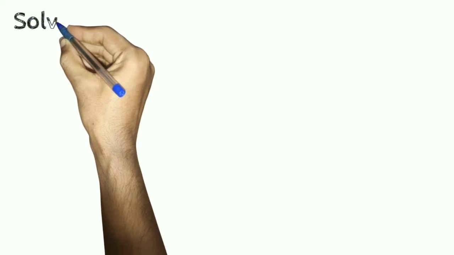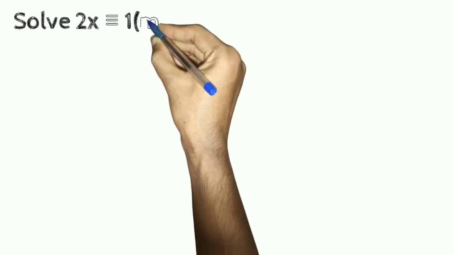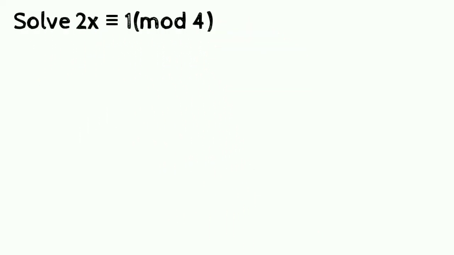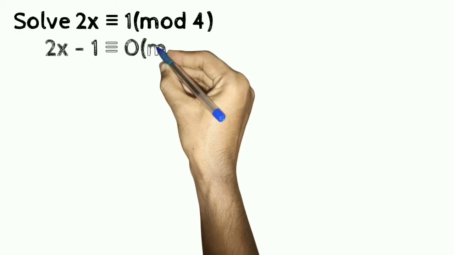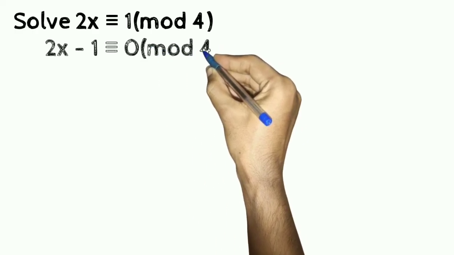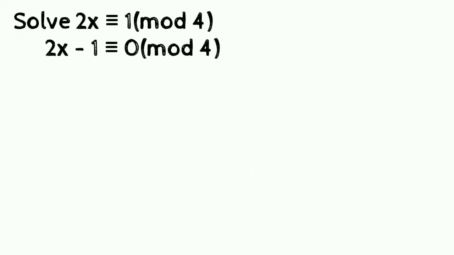Not all problems have a solution. For example, solve 2x and 1 are congruent modulo 4. Equivalently, this is 2x minus 1 and 0 are congruent modulo 4. Saan galing yung negative 1? Transpose natin yung 1 sa left side. Therefore, yung positive 1 na yan magiging negative 1.